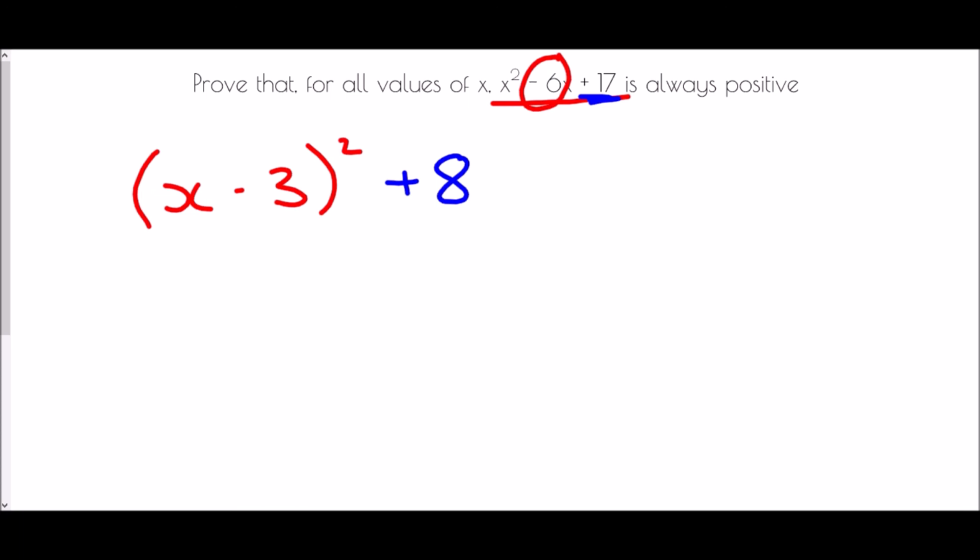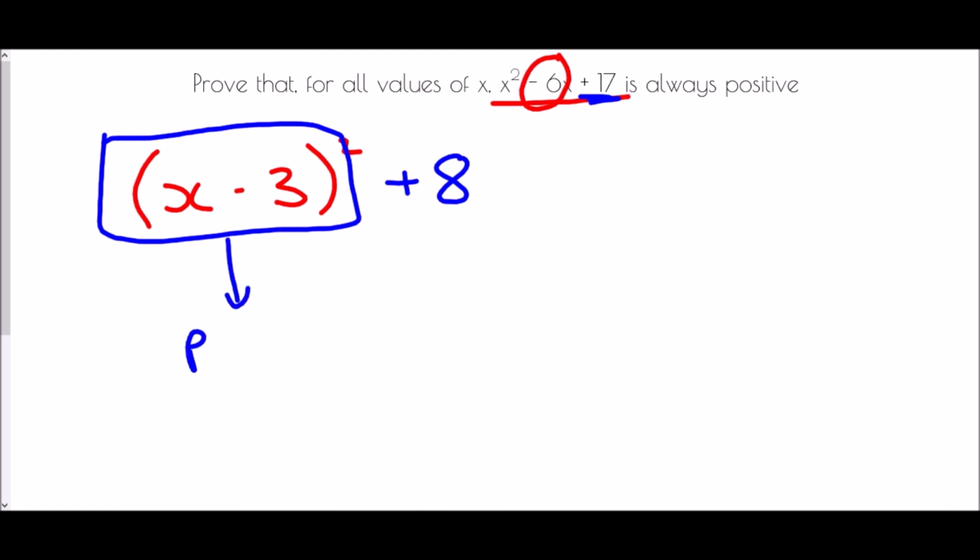Well, the key comes from this. If I have something squared it will always be positive, no matter what. And so even if this answer inside of the bracket had been negative, so if x was 2, this would be negative 1. But once we've squared it, it will always be positive.